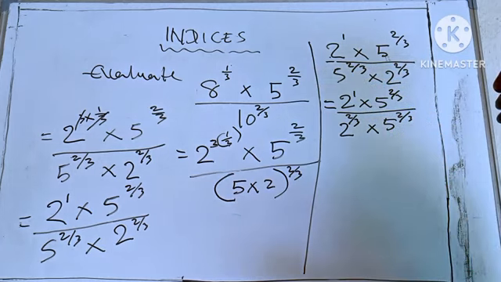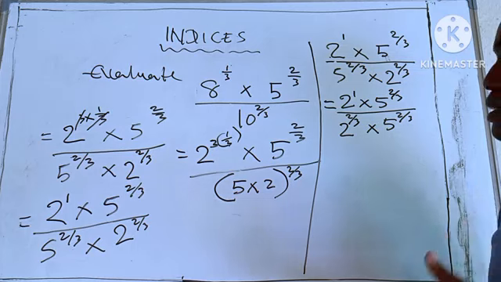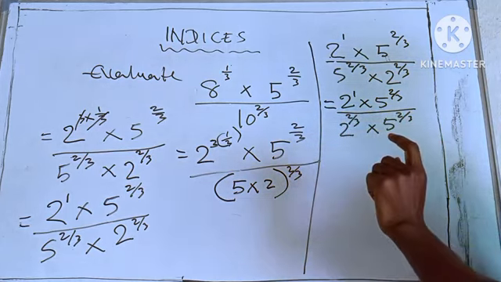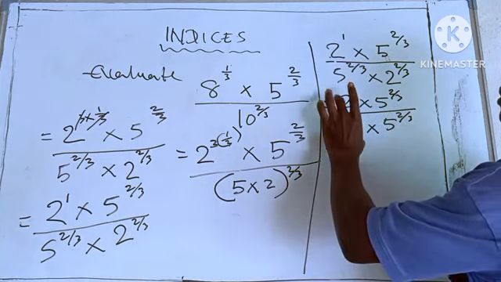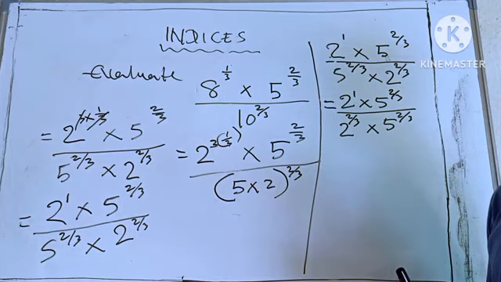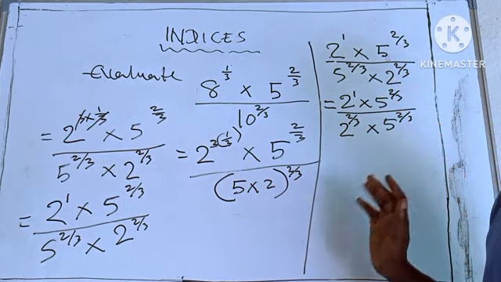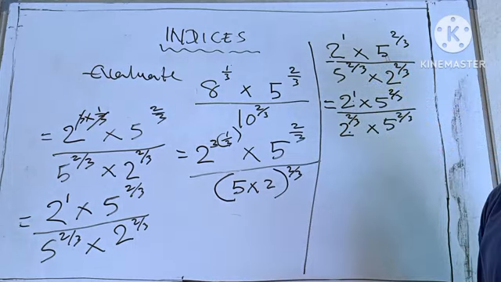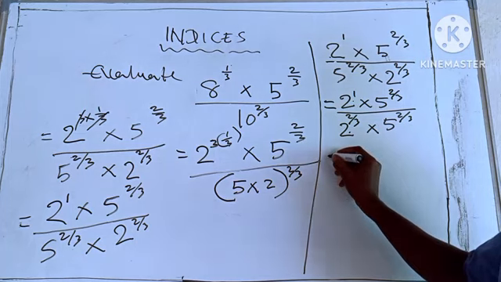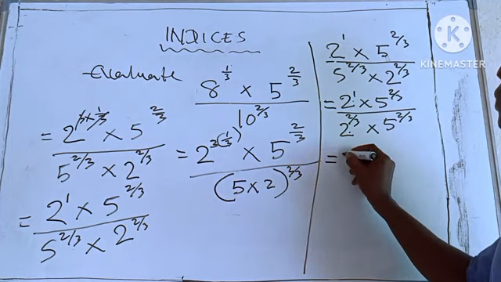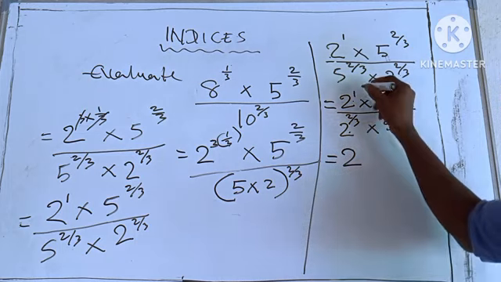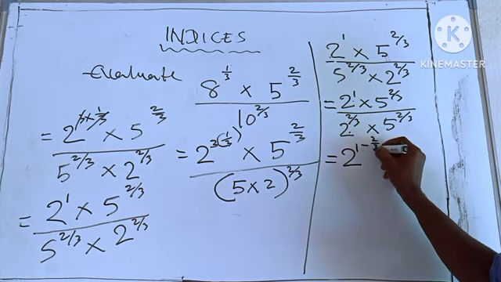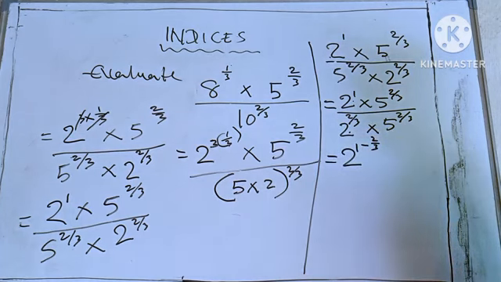From one of the laws of indices, the division law, it states that if the middle is division and we have the same base numbers, we take one of the base numbers then minus the powers, right? So since here we have the same base number, 2 and 2, we take only one base number and minus the powers, which is 1 minus 2 all over 3. Are you getting it now?